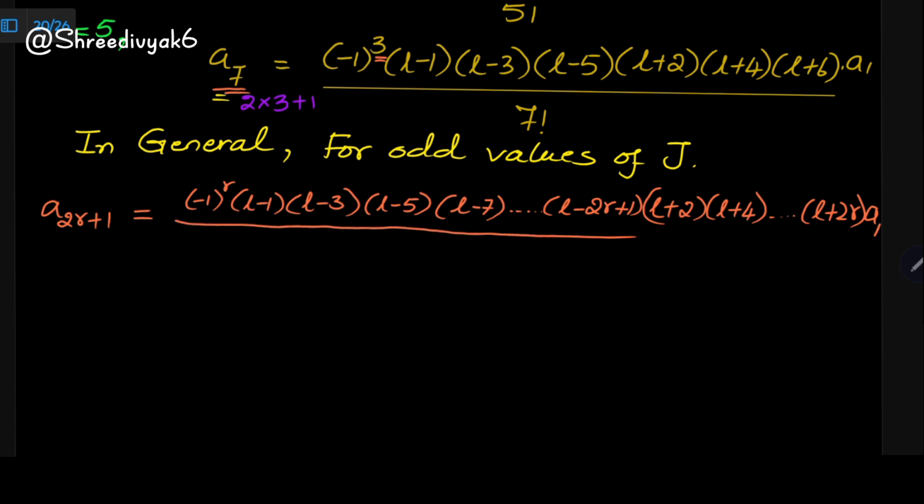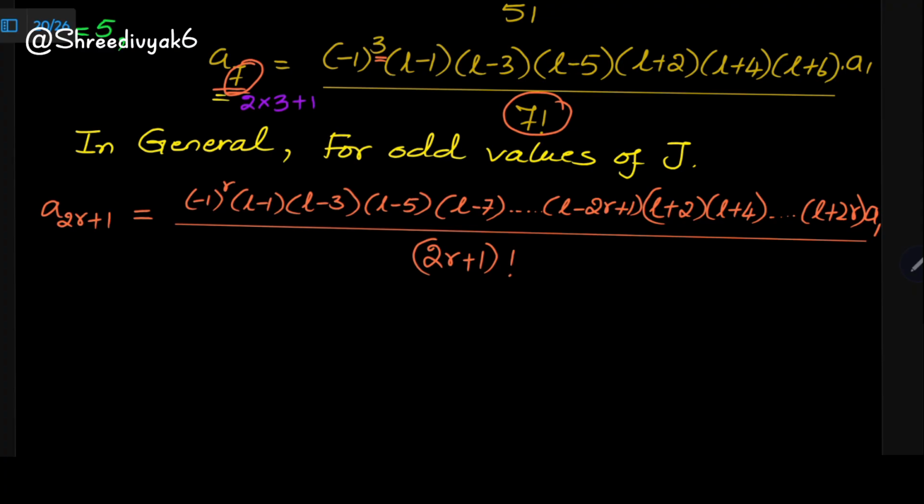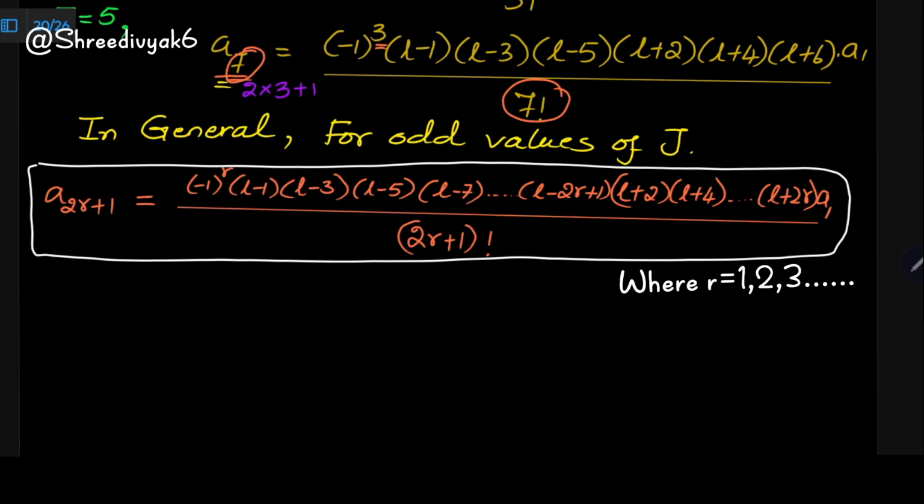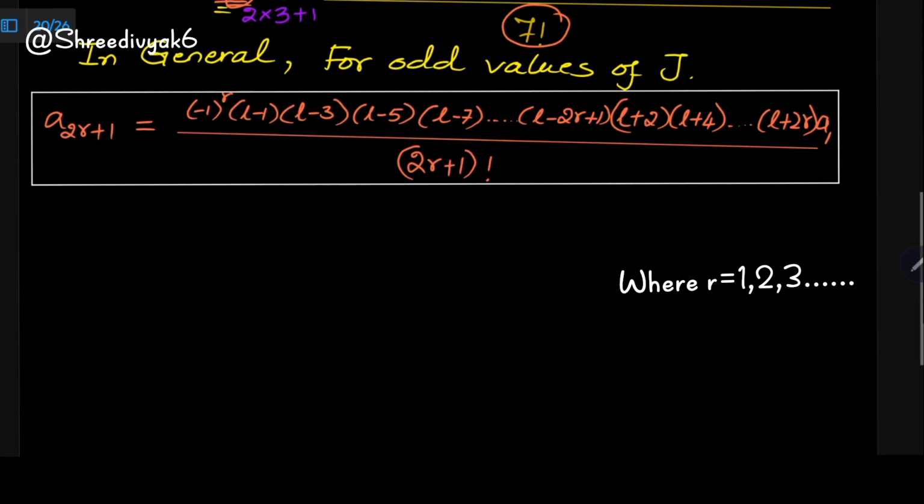Now the whole thing divided by, look at this, 7 factorial. Same way for A2R plus 1, you will get (2R plus 1) factorial. This is the general coefficient for the odd values of j.